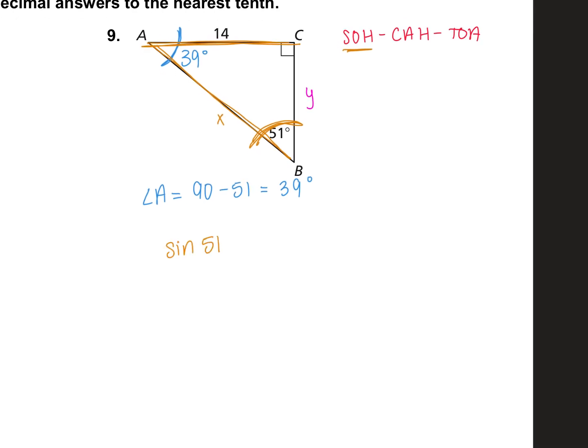My angle, which is 51, equals the opposite side, which is 14 over x. Plugging this one into the calculator, it's a little different. I'm not multiplying both sides by 14. What I'm plugging in is 14 over sine 51. If you plug that correctly into your calculator, this side is going to equal 18.